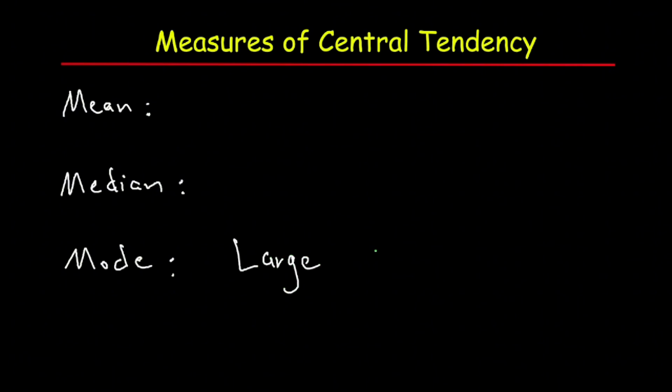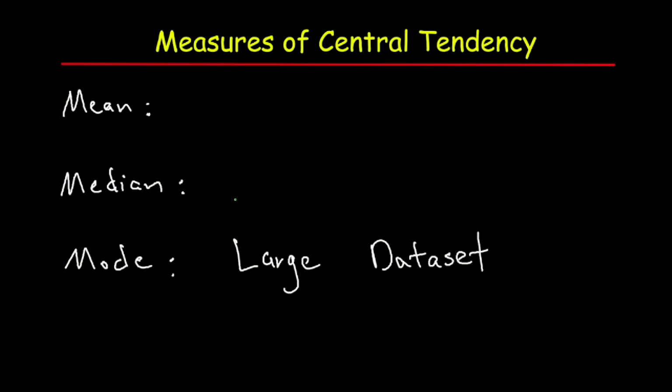This means that there is a large amount of values, and therefore there might be a large amount of repeats. When there's a large amount of repeats, that usually is going to be in the center. So this is when the mode will probably act as a very good central tendency.